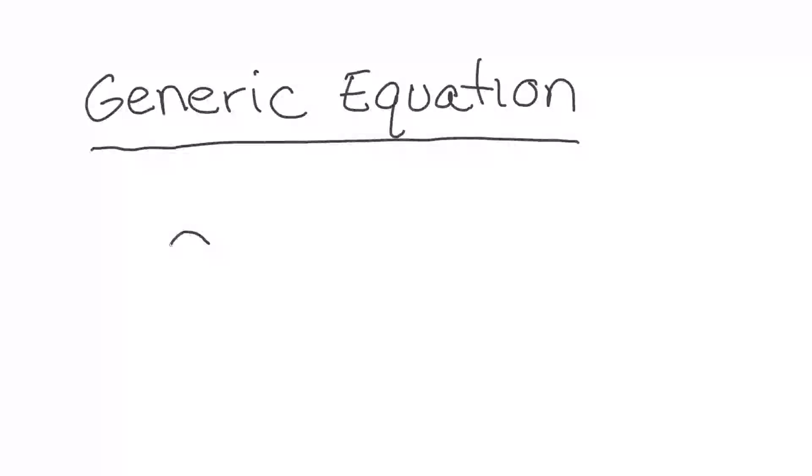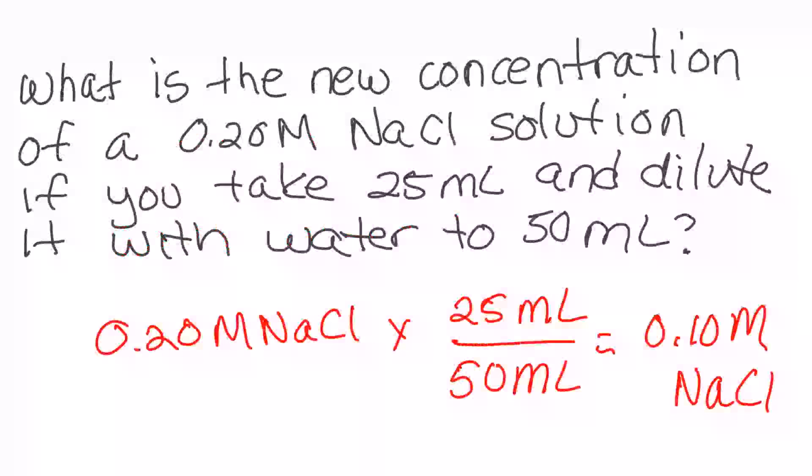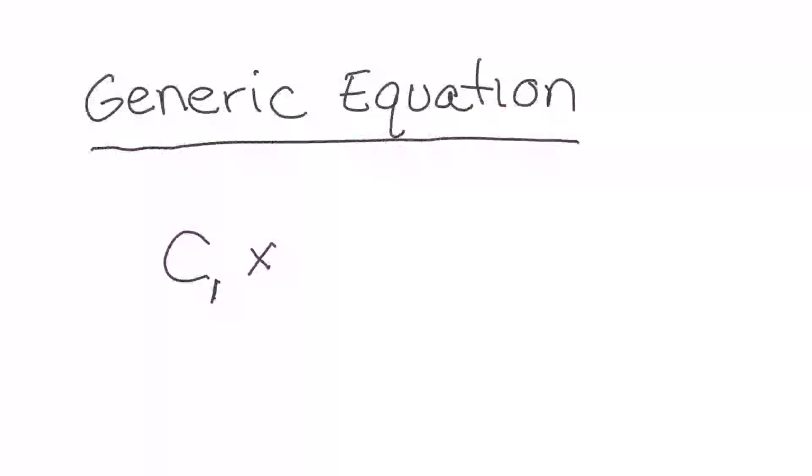So we're going to use the letter C to stand for concentration, and I'm going to give it the number 1. So that was the original concentration, and I multiplied it. What did I multiply it by? 25 milliliters. That was the original volume, so I'm going to call that volume 1.